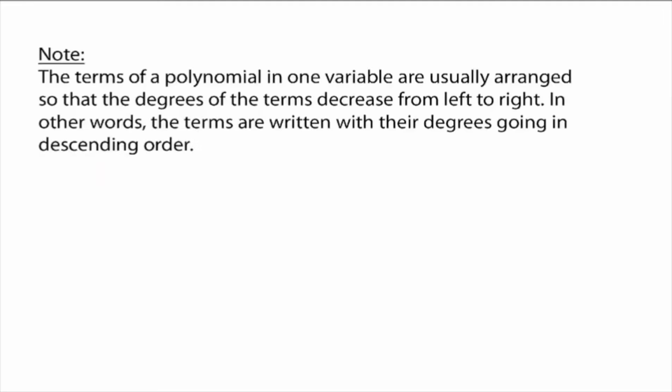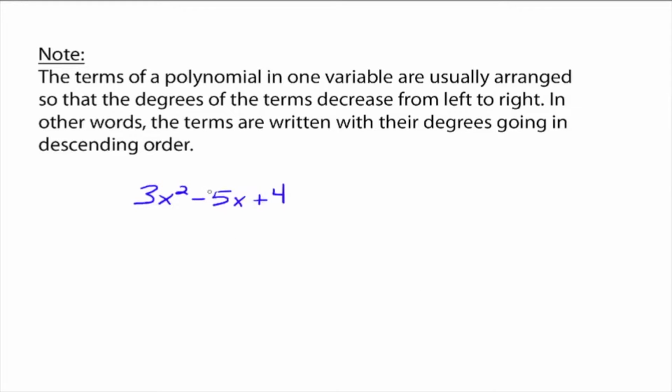Right, so here's a note. There's a certain way we want to write our polynomials. The terms of a polynomial in one variable are usually arranged so that the degrees of the terms decrease from left to right. In other words, the terms are written with their degrees going in descending order. So as we go left to right, the degrees on the monomials get smaller. They go in descending order.